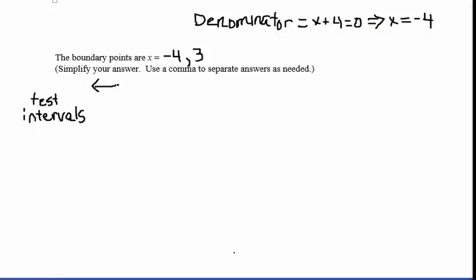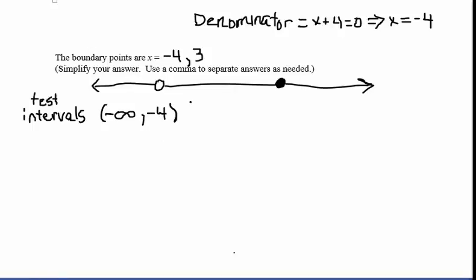I'm going to start by drawing a number line. Now remember, negative 4 made the inequality undefined because it gave me a 0 in the denominator, so that's not included. I'll leave an open circle where negative 4 is. 3 makes the denominator 7 and the numerator 0.